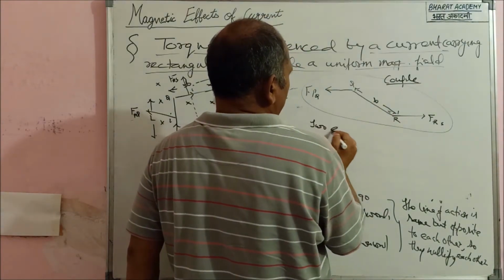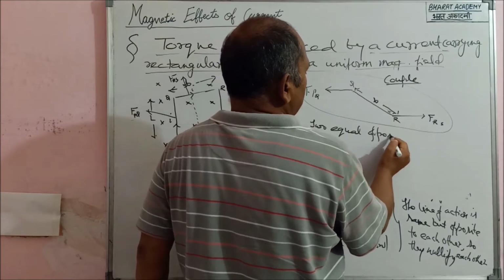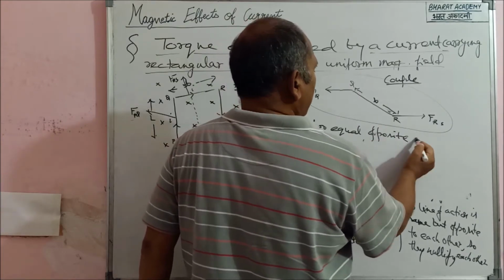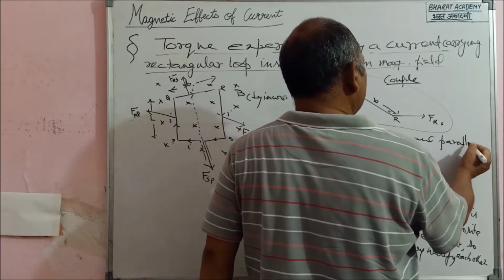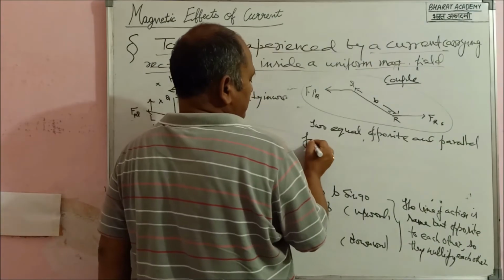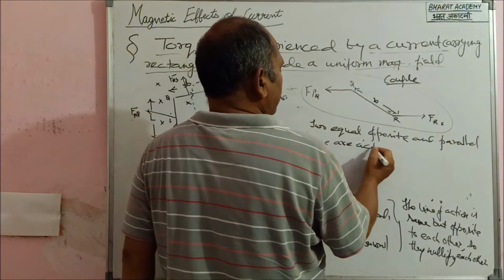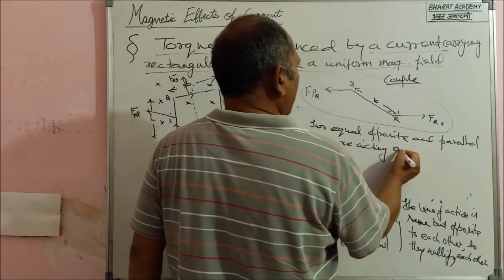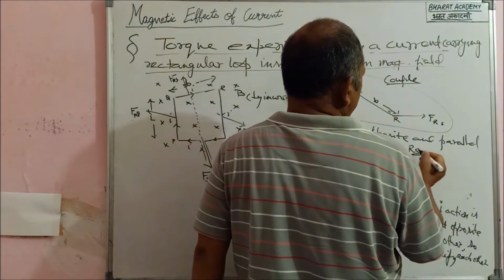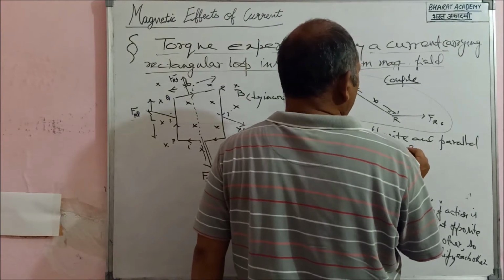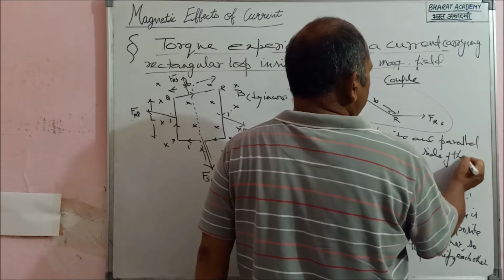What we got? Two equal, opposite and parallel forces are acting on the PQ side and QR side, I could say, of the loop.